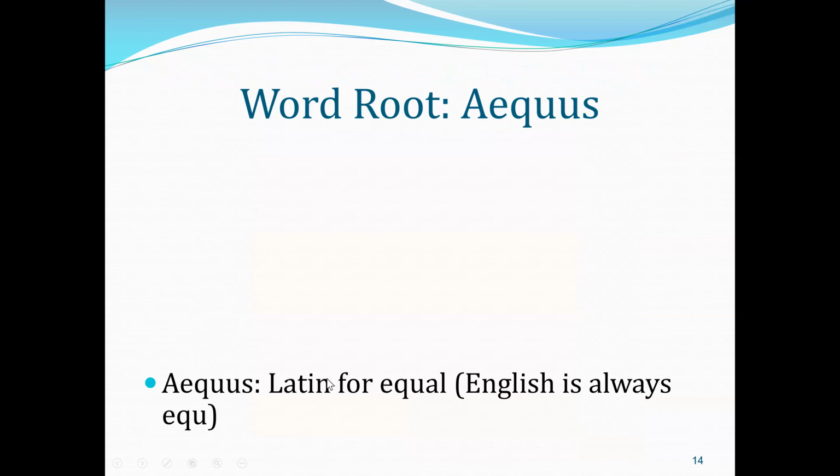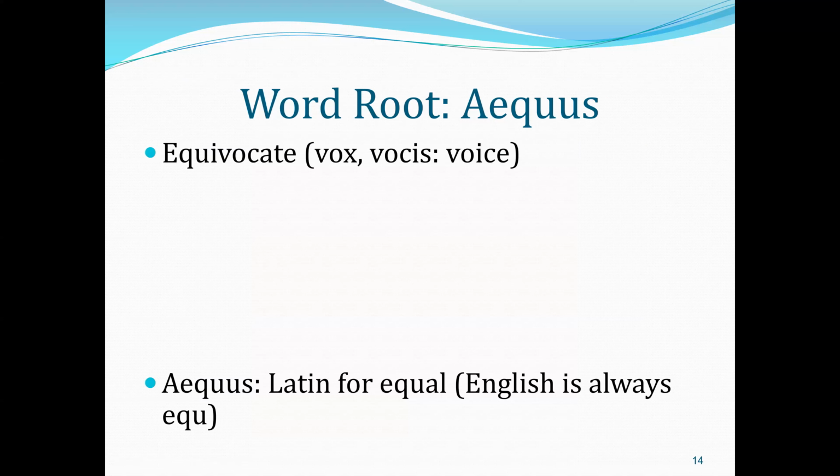So first of all, let's begin with this word root, aequus. That's Latin for equal, and its English spelling is always EQU. The first word is equivocate. Equi means equal.